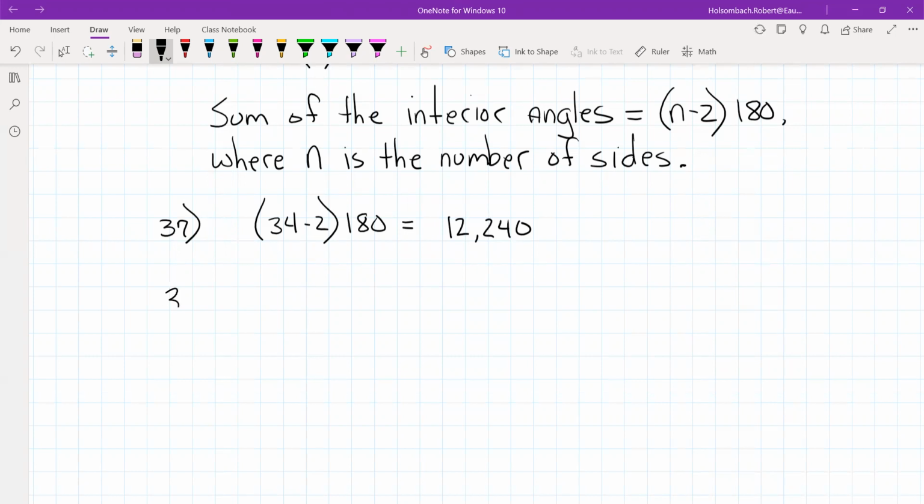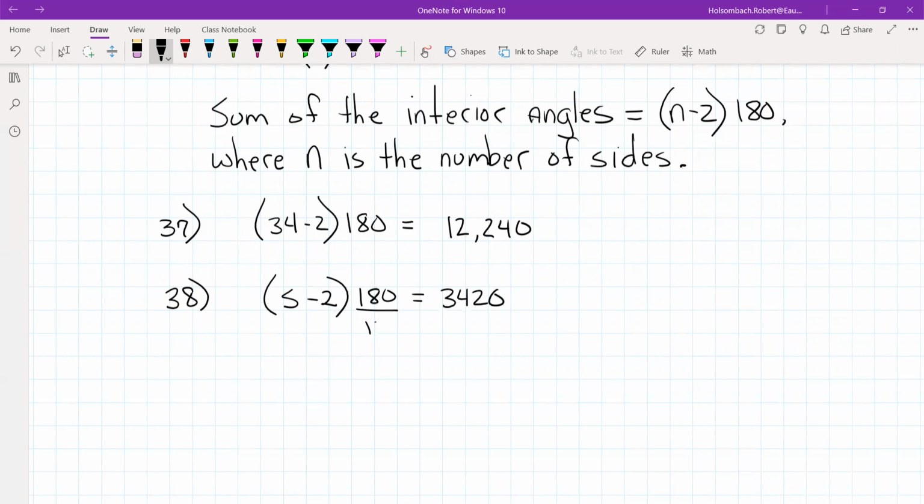Now, in problem number 38, it says the sum of the angle measures of a polygon with S sides is 3420. So now they're telling you what the sum is. So I'm going to use S instead of N because they're using S in the problem. And we're going to say S minus 2 times 180 equals 3420.